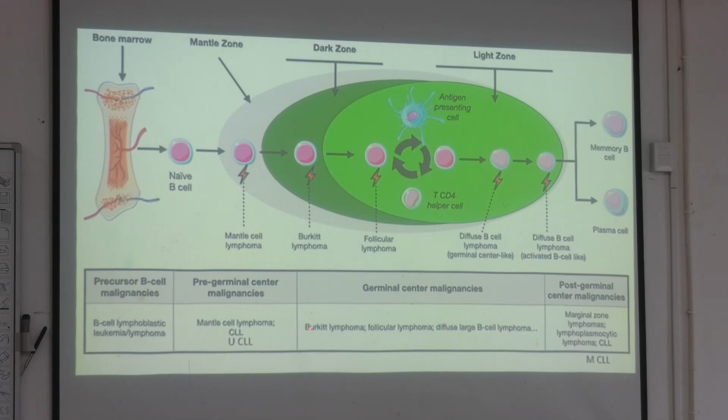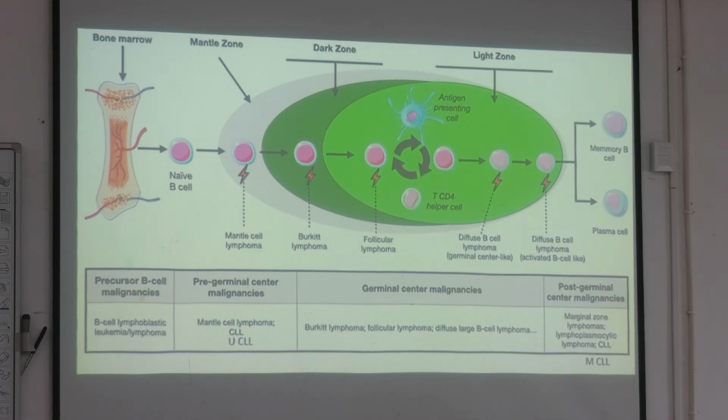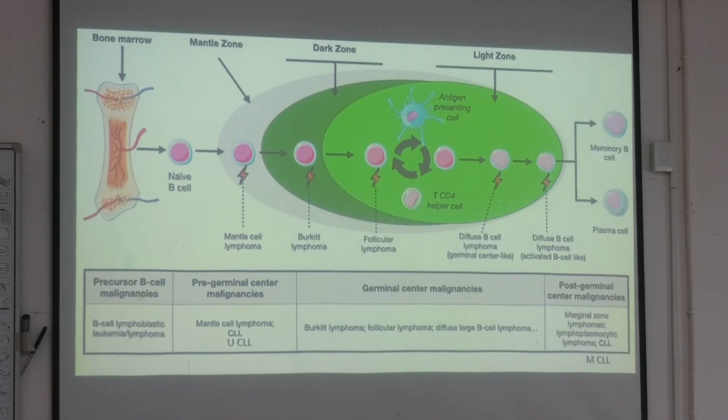The germinal center produces Burkitt lymphoma, follicular lymphoma, and DLBCL or diffuse large B-cell lymphoma. The post-germinal center produces marginal zone lymphoma and the mutated CLL, and plasma cell leukemia on the other side. So these are the anatomical locations of origin of lymphoma, leukemia, and malignant plasma cell disease.